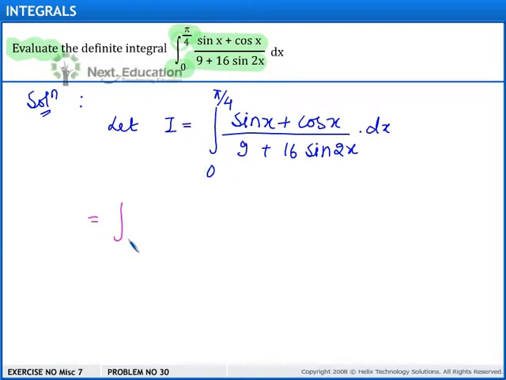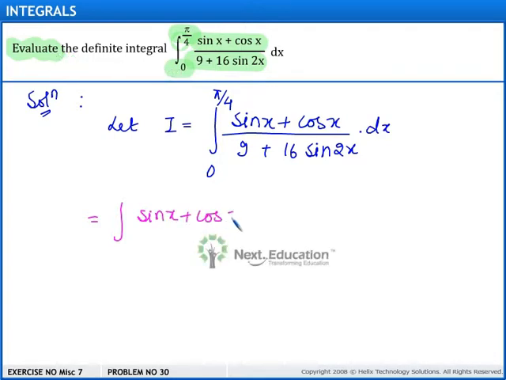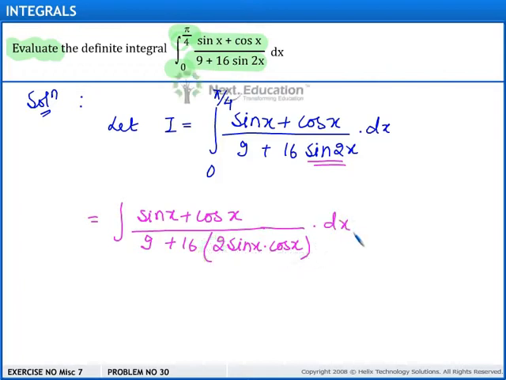This can further be written as the integral of (sin x + cos x) divided by 9 + 16 sin 2x, where sin 2x can be written as 2 sin x cos x, dx, and the integral is from 0 to pi by 4.